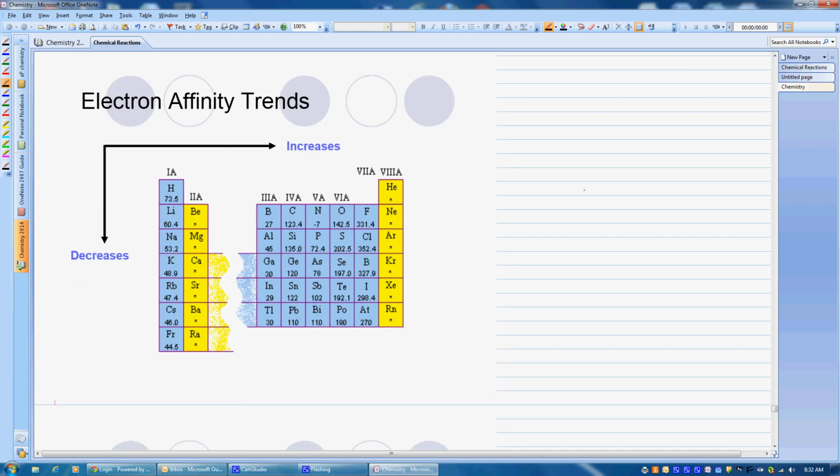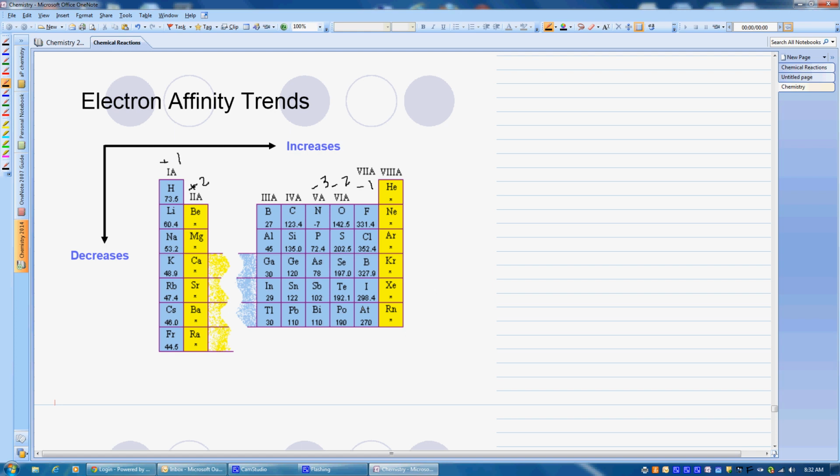So again, when we look at this, -1 charge, -2 charge, -3 charge. These are adding 1 electron, adding 2 electrons, adding 3 electrons. So there's going to be more energy over here than there is over here where the metals are trying to get rid of electrons and become positive. So these are +2 and +1.